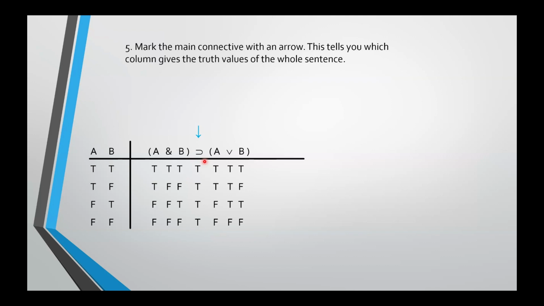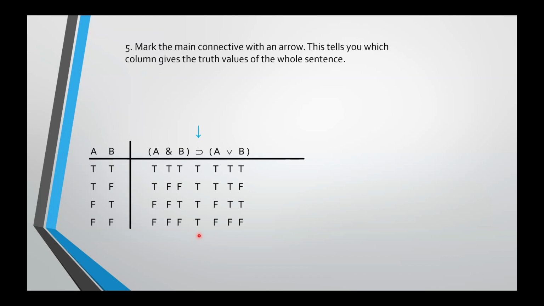Now that we've completed the table, what does this tell us? What we have here, the column under the main connective, is all T's. And what that tells us is this sentence has to be true, right? On every possible combination of truth values, meaning on every truth value assignment, this sentence is going to turn out to be true.